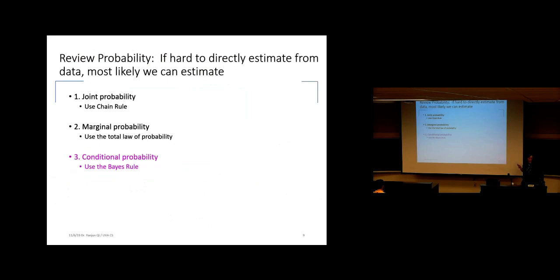It's hard to directly estimate from data, because P(C|X) is a conditional probability, so we use Bayes rule to estimate it from P(X|C).